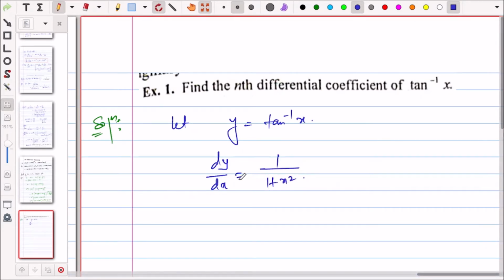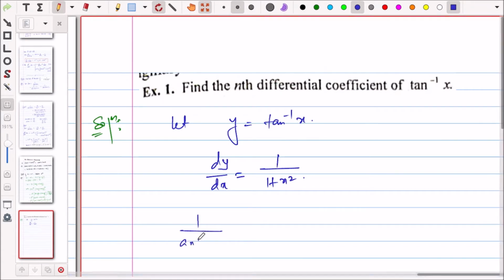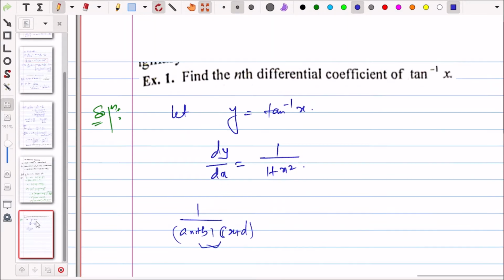Now the problem here is, we cannot factorize this, right? 1 plus x square is not factorizable, we cannot write it in the form ax plus b, cx plus d. And if we cannot write it in this form, we won't be able to use partial fractions, and then we won't be able to use this formula, because we can apply the formula only in this form.